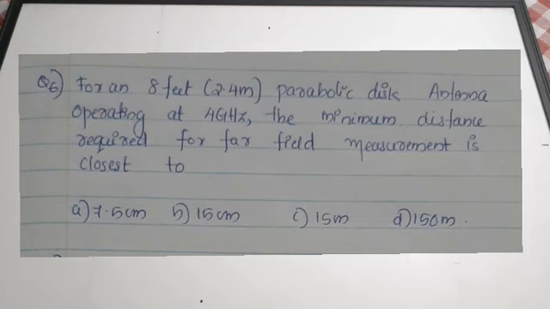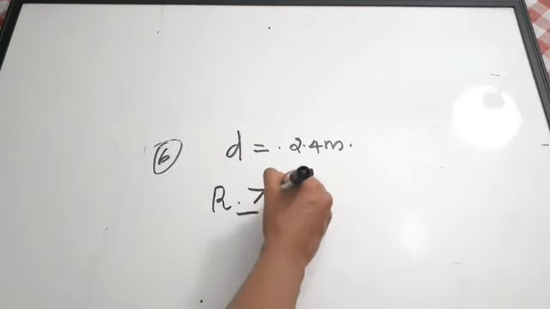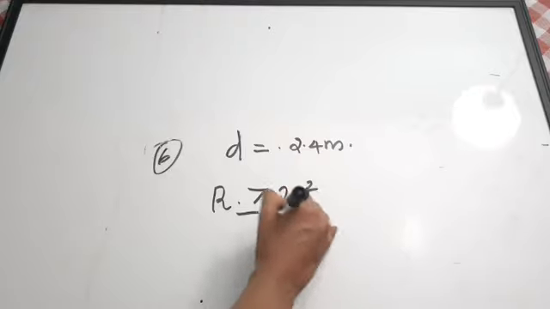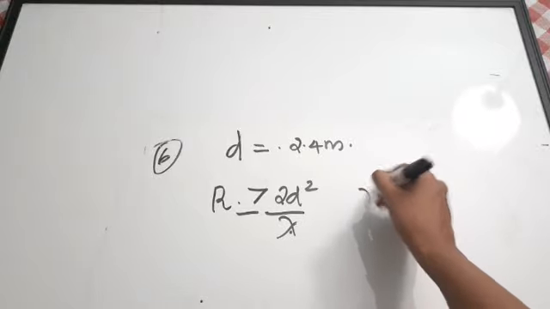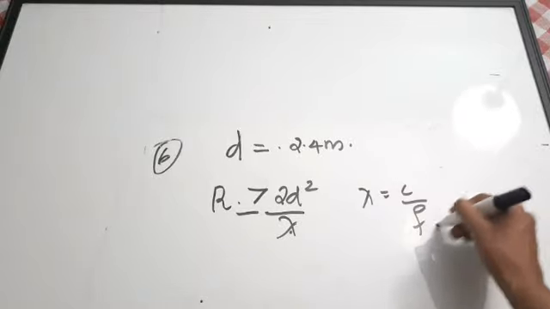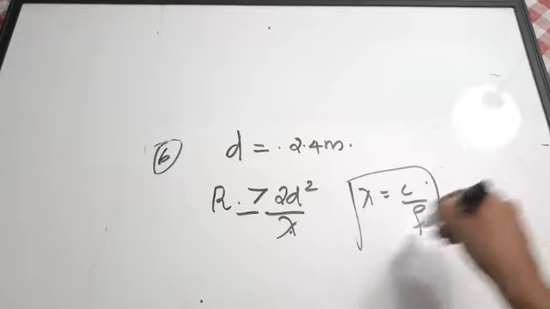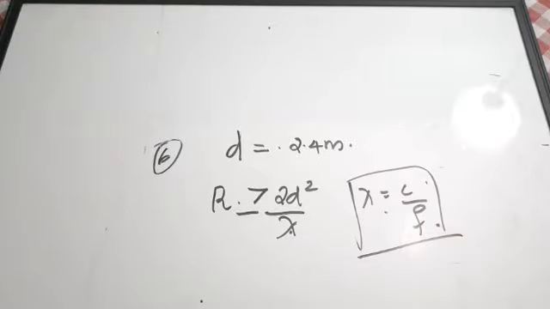The equation is far field distance R greater than or equal to 2D square by lambda. Now D is given to you. Lambda we don't know, but you can use the relation lambda equal to c by f. F is given, c we already know. So you can get lambda, and from this we can directly find R, right?